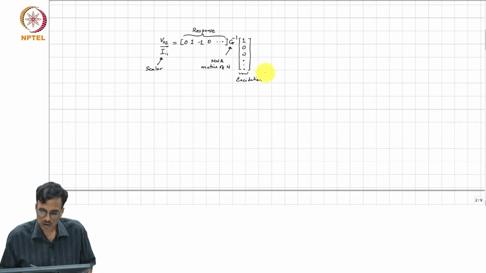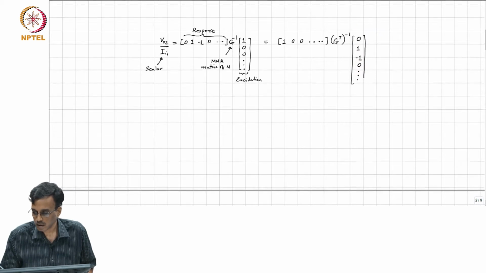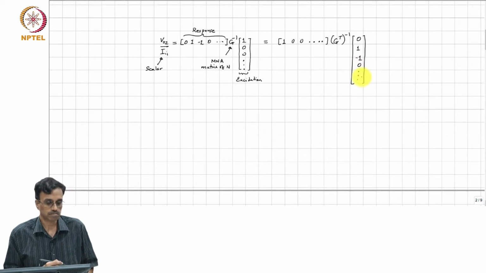Now, because this is a scalar, it is the same as its transpose. So, this is the same as 1, 0, 0 times G transpose inverse times 0, 1, minus 1, 0, and so on, correct.